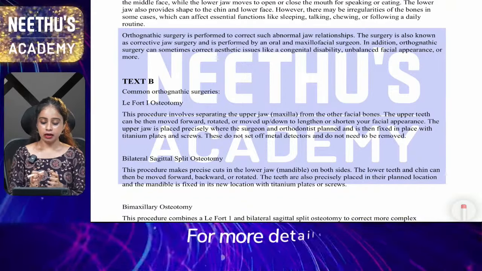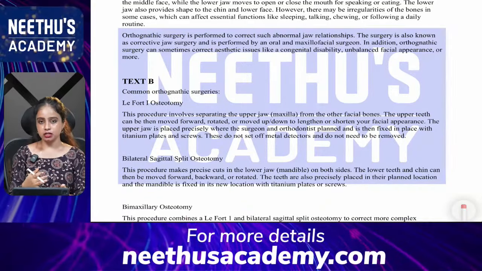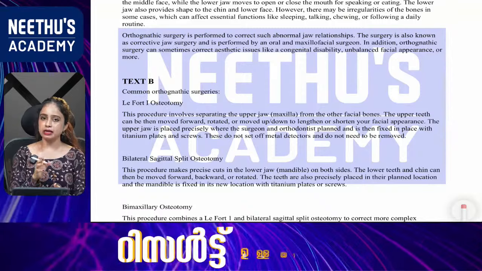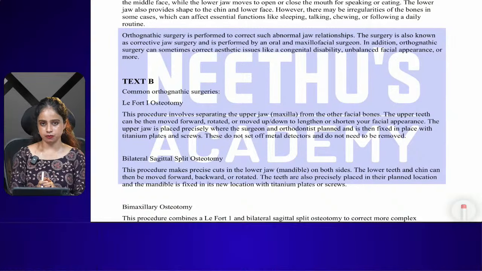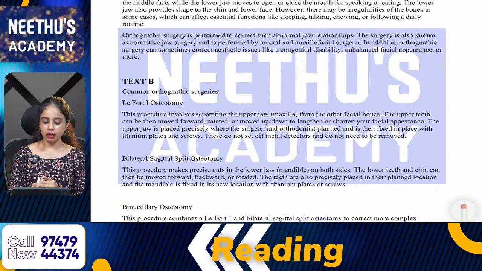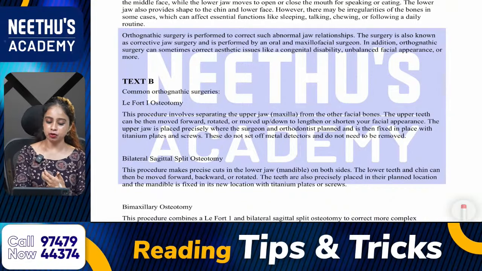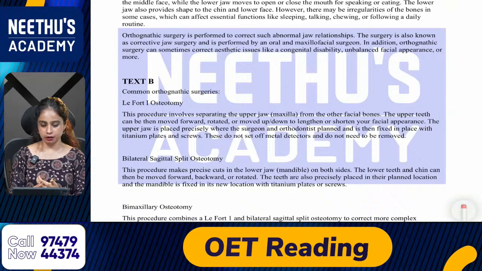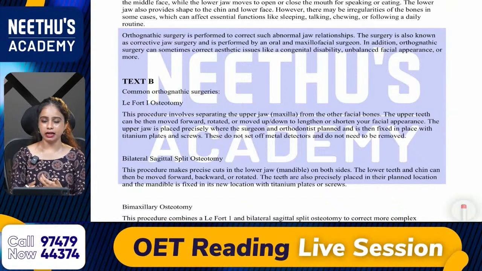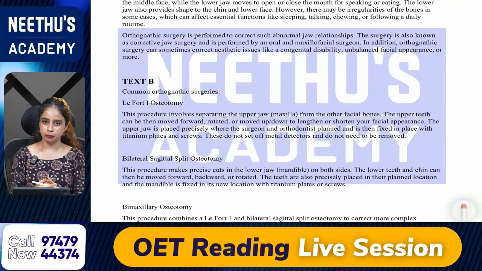Okay, and when you read each of the texts, it is very important to focus or emphasize some important sentences. So when you read the text, it is very important to focus on the first line of each and every paragraph, as well as the last line of each and every paragraph.